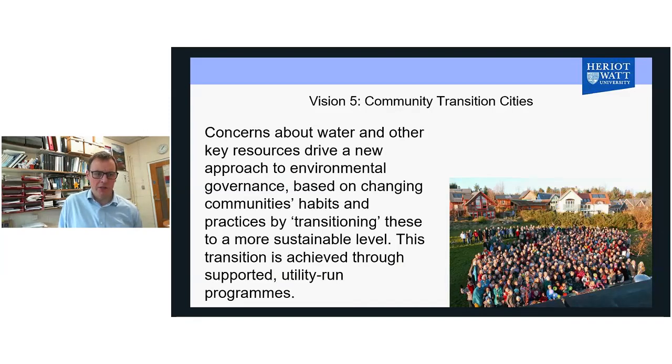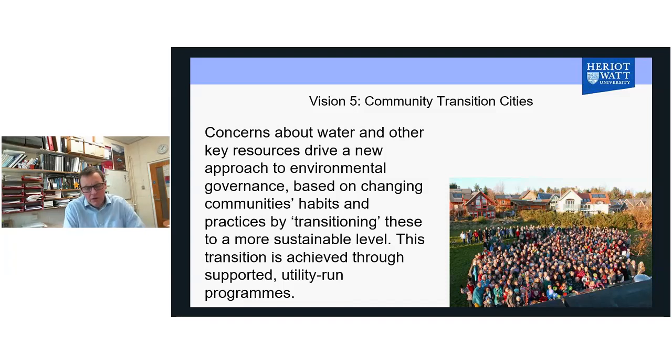Vision 5, Community and Transition Cities. Concerns about water and other key resources drive a new approach to environmental governance based on changing communities' habits and practices by transitioning these to a more sustainable level. This transition is achieved through supported utility-run programs.